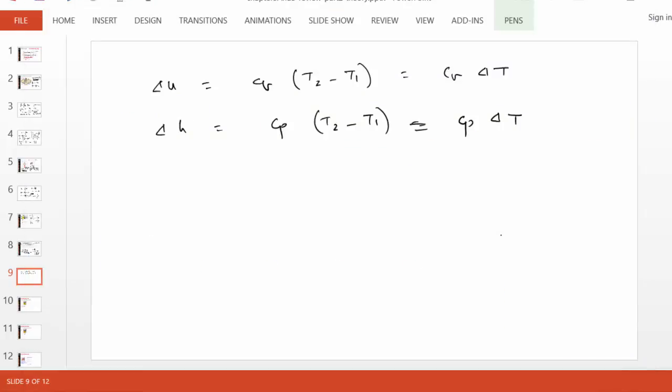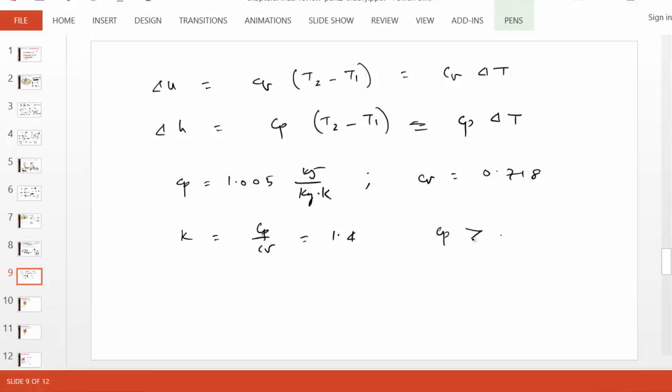Again, these are very handy numbers to remember. So Cp equals 1.005, Cv equals 0.718, same unit, and k is Cp divided by Cv equals 1.4. Notice that Cp is greater than Cv always for a gas. So this is our PG model.